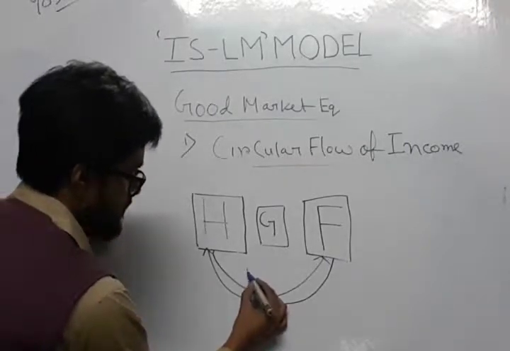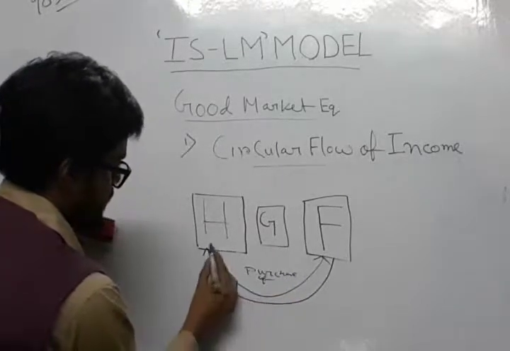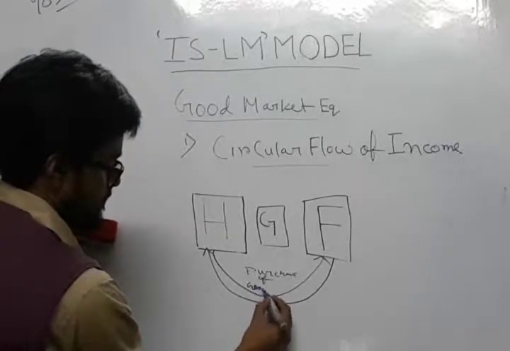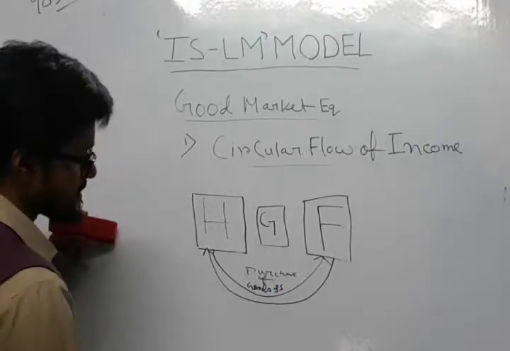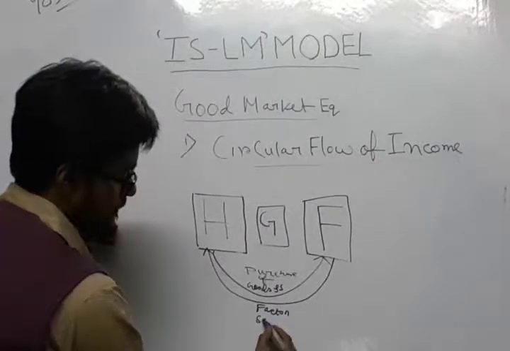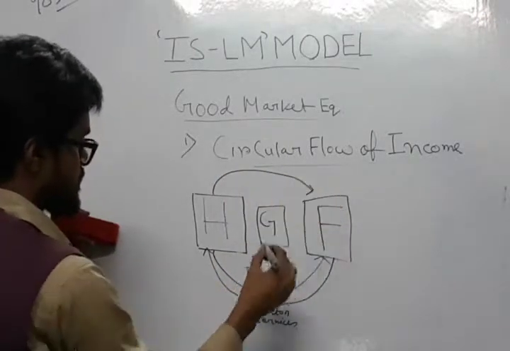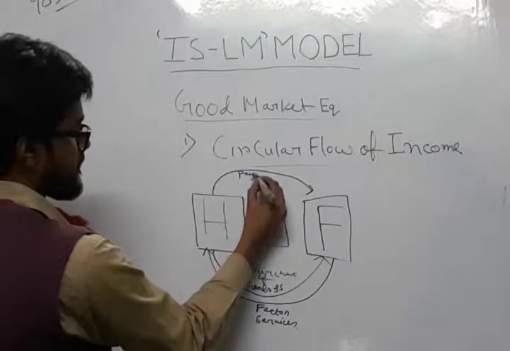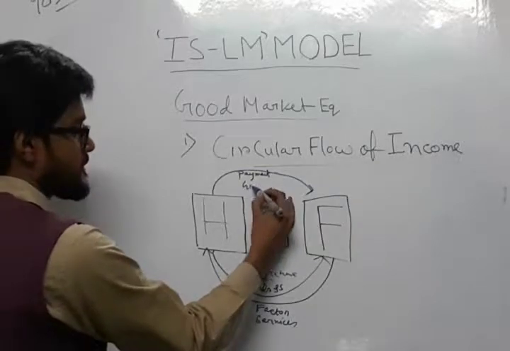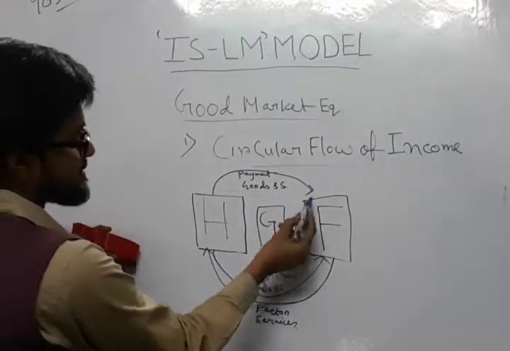So here, purchase: the household will buy goods and services, and the firm will buy factor services. Payment: the household will make payment for goods and services, and the firm will make payment for factor services.